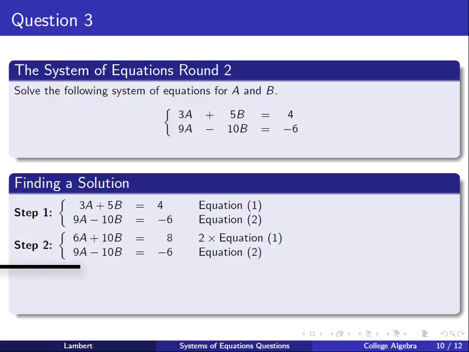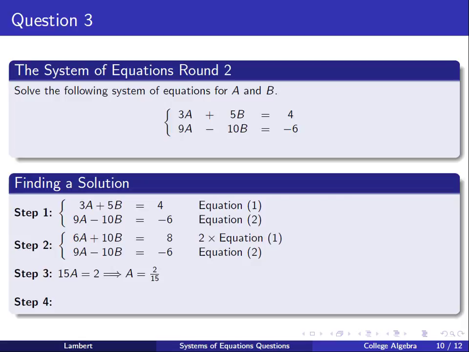So when we add up those equations, we get 15a plus 0b equals 2. Well, that makes our equation nice and easy: 15a equals 2. And so solving for a, we get a equals 2 over 15, and then we plug this in and figure out our answer.